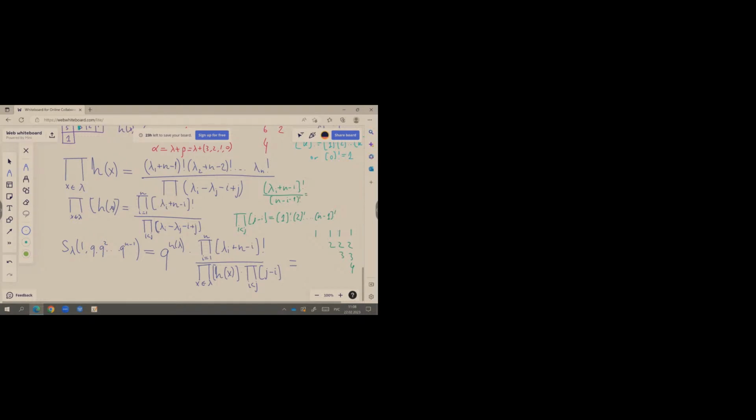This is the product of n minus i times n minus i plus 1 times etc. times n minus i plus lambda i. So you see that there are lambda i factors in this row.